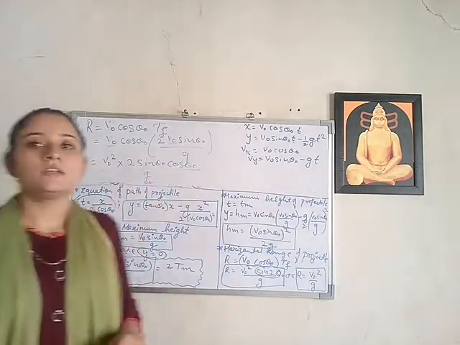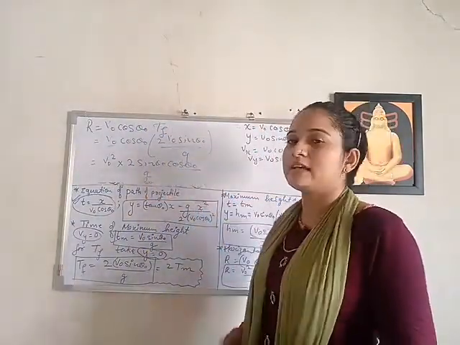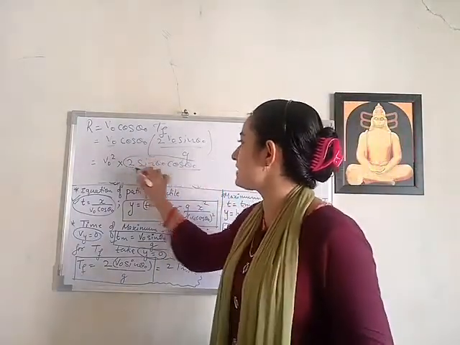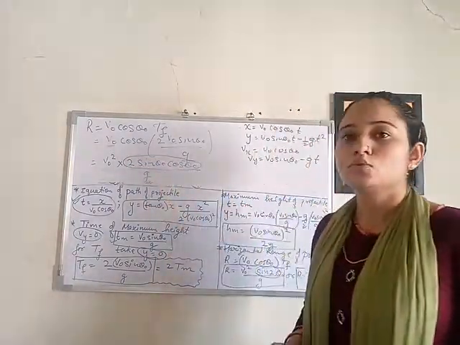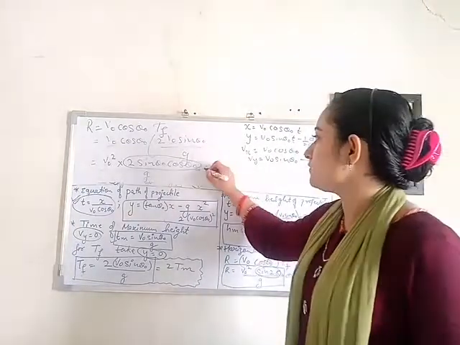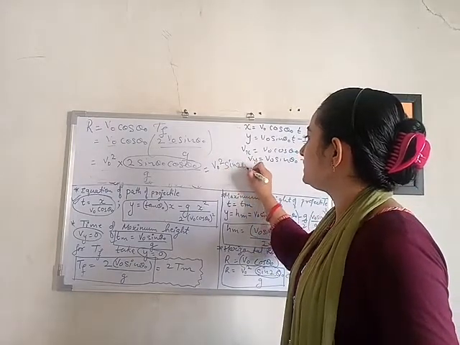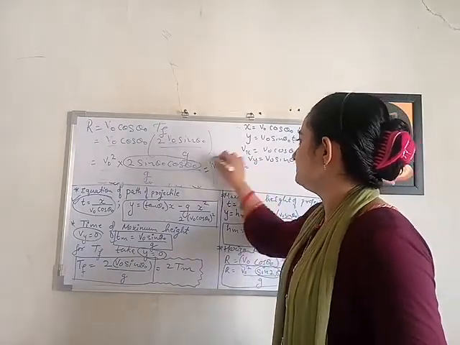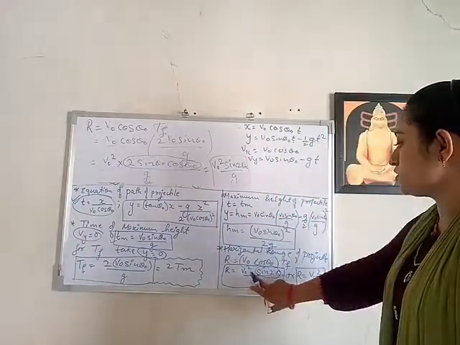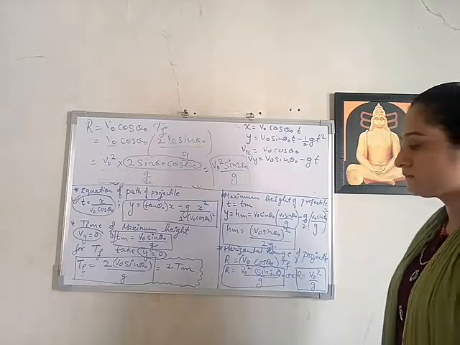Now again one identity comes: 2 sin theta cos theta is sin 2 theta. So we write V0 square sin 2 theta 0 by g. Clear? So this is your V0 square sin 2 theta 0 by g.